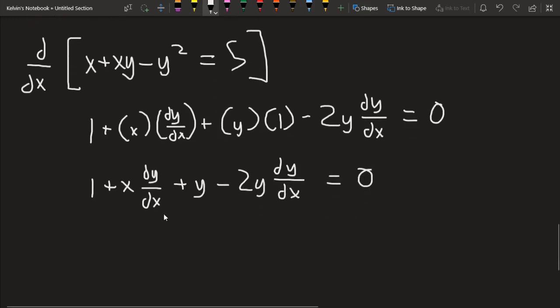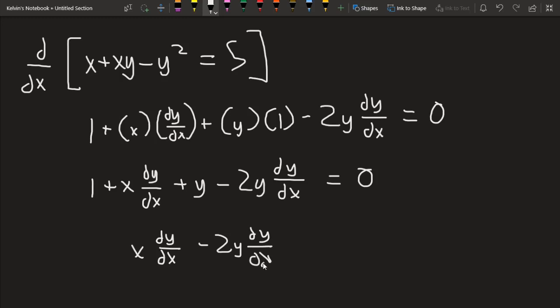So the step that I would do next is I would bring everything that does not have dy dx to the other side. So let's do that real quick. x dy dx minus 2y dy dx. And then this is equal to, so 1, so negative 1 minus y.